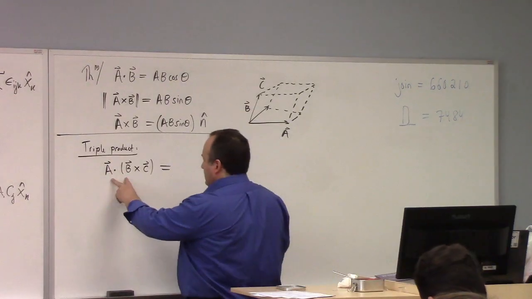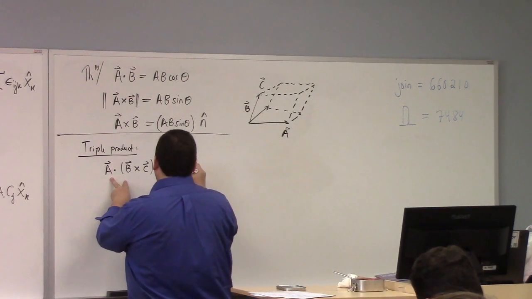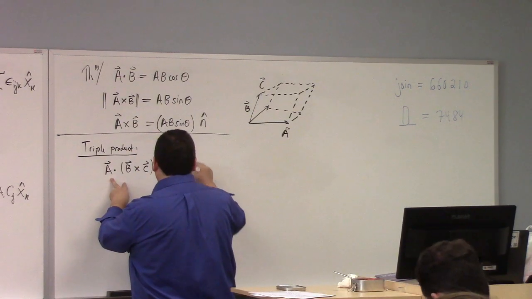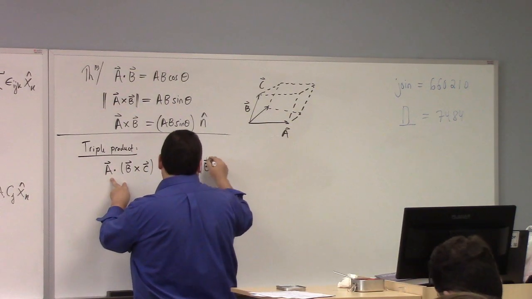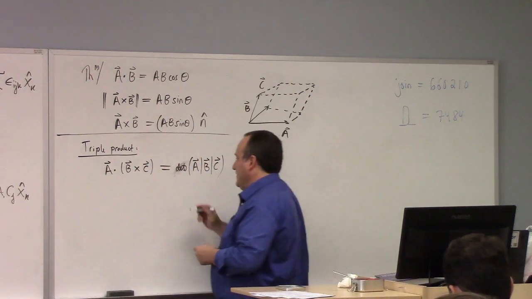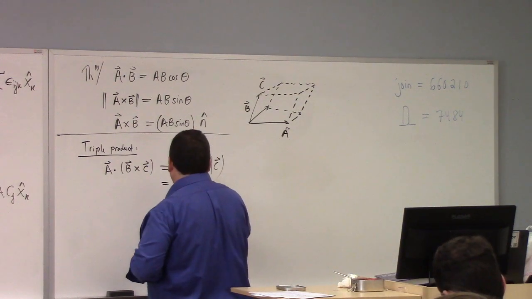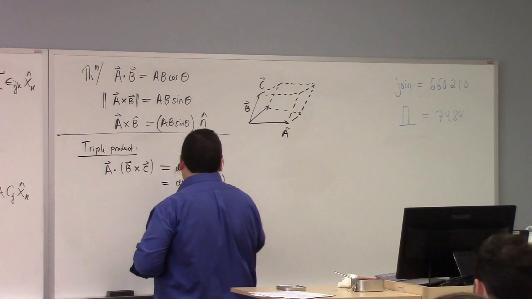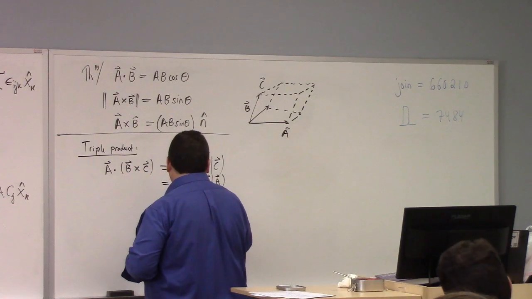There are various ways to calculate this. One really nice thing to know is that this is the determinant of A, B, C, like that. It turns out. And because the determinant has super awesome properties, you can do this, and you can do this.